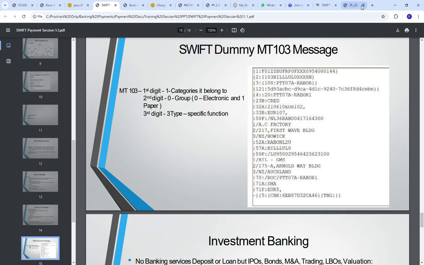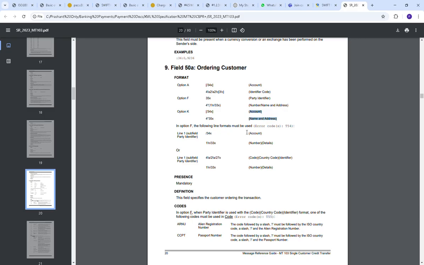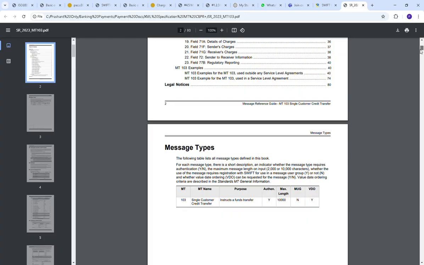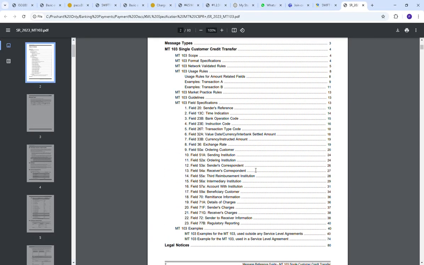Till now you are clear on these four words. I have taken something fast, but I will repeat again. 50A you are clear. Then 57A and 59A we have taken. 52A we have taken, 51A number 10, 51A, 52A.